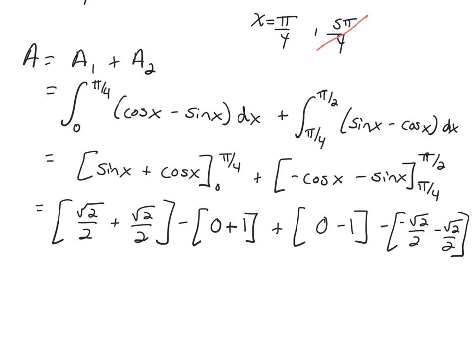And you simplify, this will be the square root of 2 minus 1, minus 1 plus square root of 2, so 2 square roots of 2 minus 2.